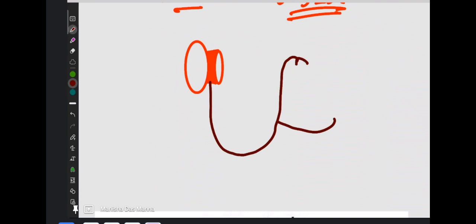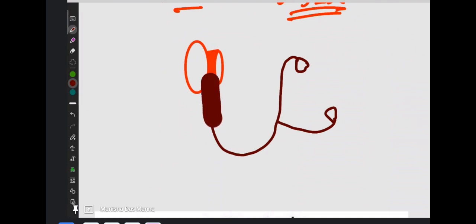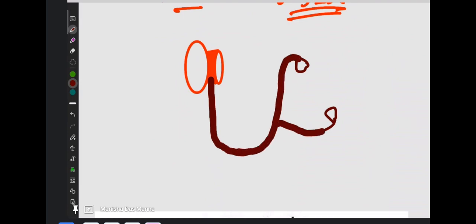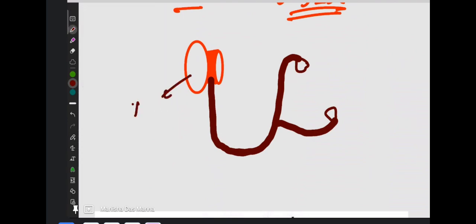Here is your earpiece, and there is another earpiece. This is called the diaphragm, and this portion is called the bell of the stethoscope.